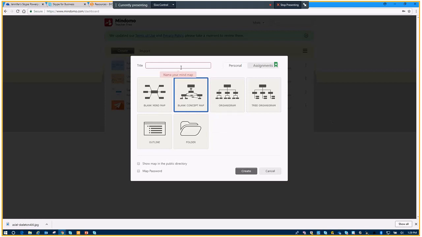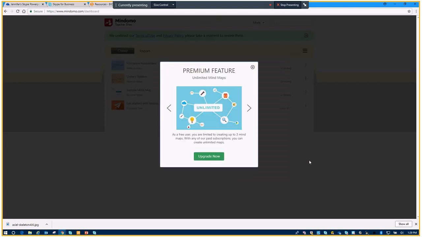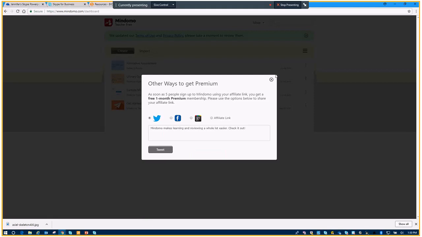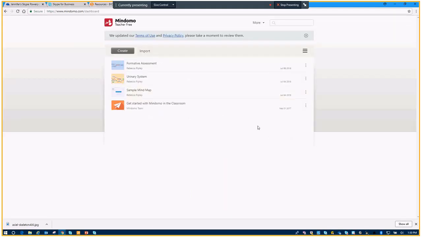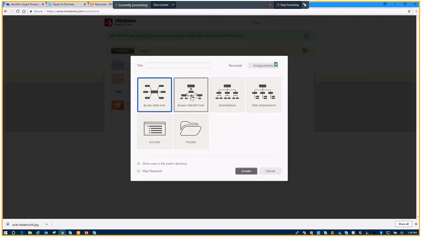Oh, we can name it. You click Create, and you can play around. I do not want to upgrade. I do not want to tweet about it. Oh, it's loading. Oh, no. I don't know, I did something wrong here.